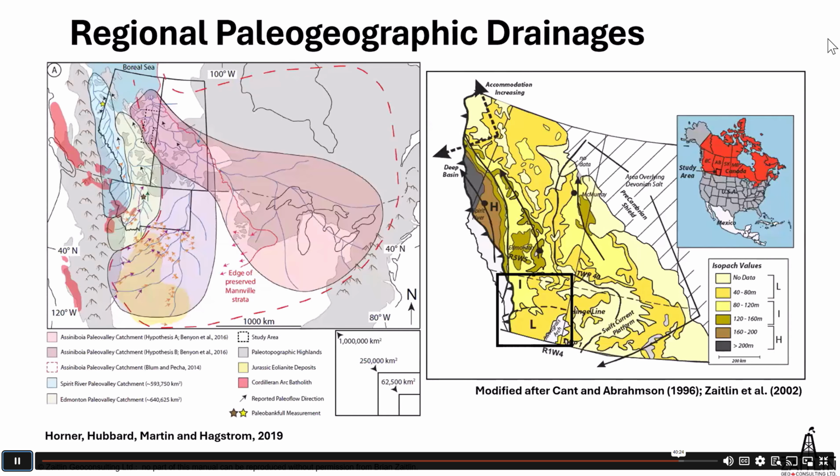You could do the same sort of work for each one of these different stratigraphic units, and then get into a predictable setting where you begin to understand where different play types may sit in time and space across the basin.